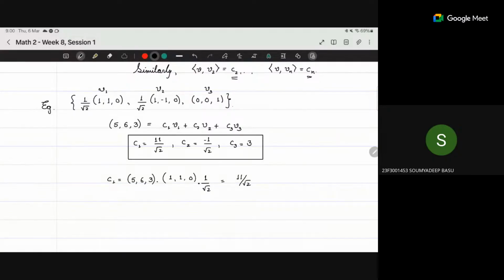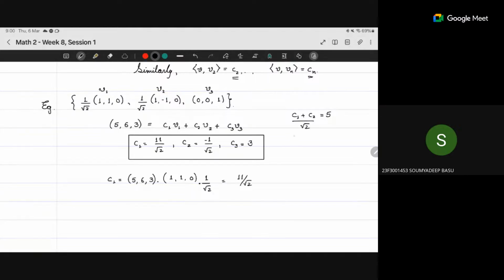Otherwise, what would you have had to do? You would have had to do something like C1 plus C2 by root 2 is equal to 5, and C1 minus C2 by root 2 is equal to 6. And C3 you would still get for free.